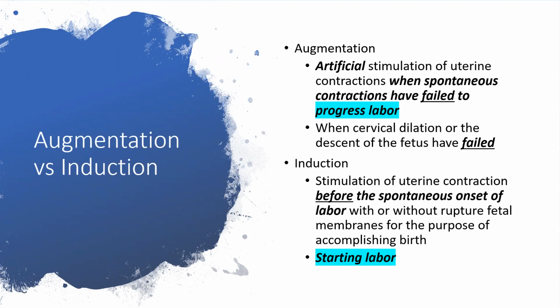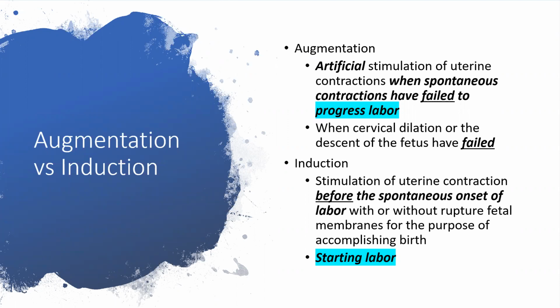Induction is the starting of contractions before the spontaneous onset of labor, with or without rupture of membranes, for the purpose of accomplishing the birth. With an augmentation, it's progressing the labor, stimulating the contractions when spontaneous contractions have failed to progress the labor, when cervical dilation or the descent of the fetus have failed.